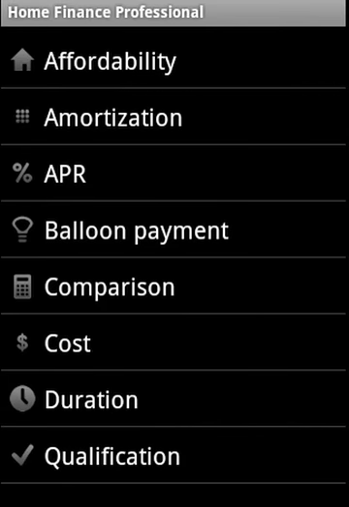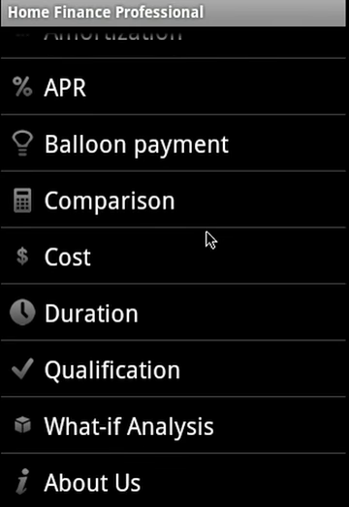Home Finance Professional is a comprehensive home finance application that covers affordability, meaning how much of a loan amount you can afford, amortization, it calculates interest rate, calculates balloon payment, you can compare loans, you can calculate closing cost, you can find out the duration if you are paying more, then how much income you would need to qualify for a certain house or purchase a certain house.